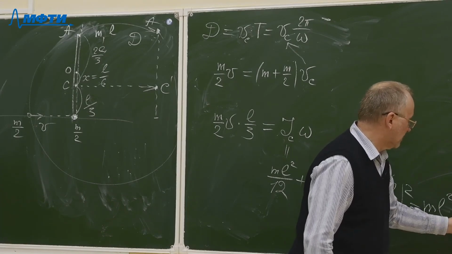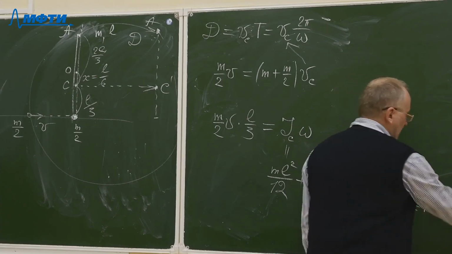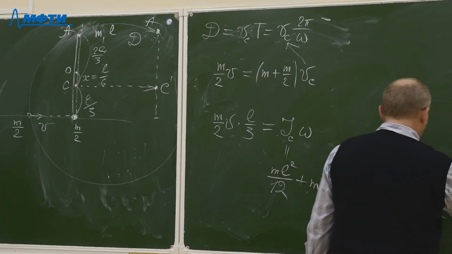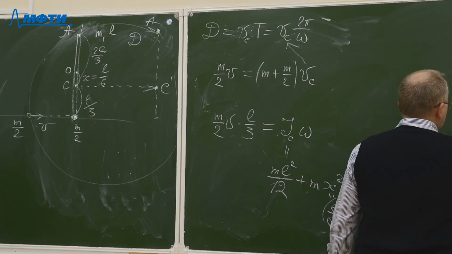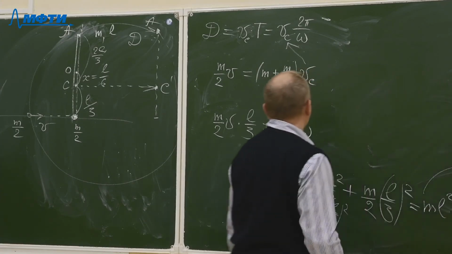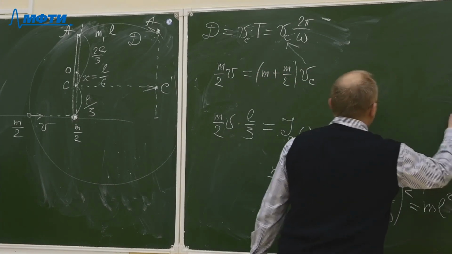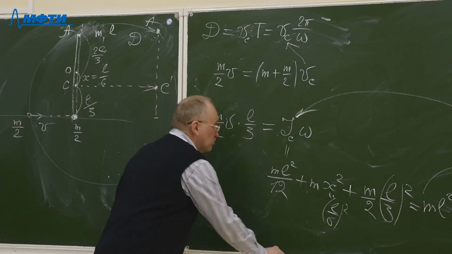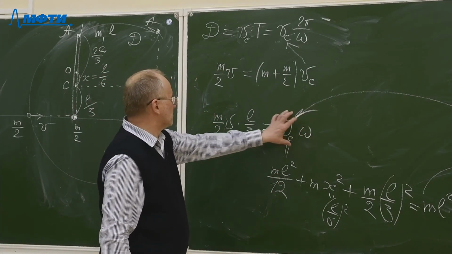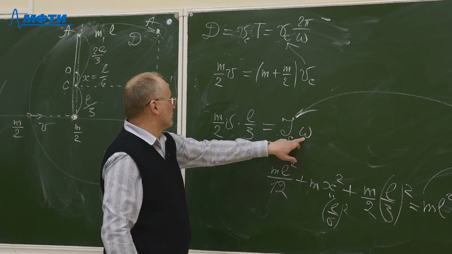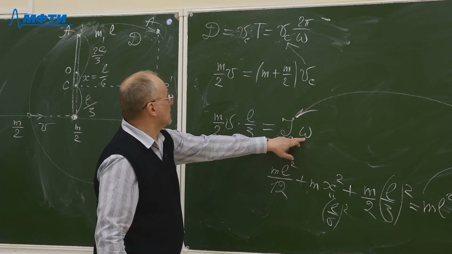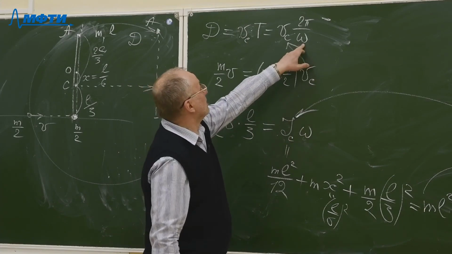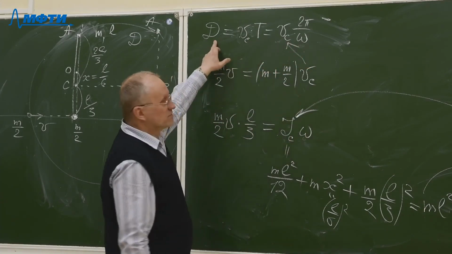So 2 plus 3, 5, and 1, 6. 6 divided by 36, so that will be ml squared divided by 6. That is the total moment of inertia. If you know it, you can easily calculate omega from here and then substitute omega into this formula and find the displacement.